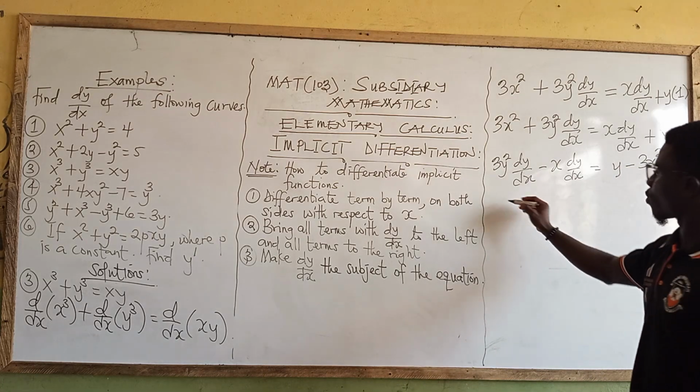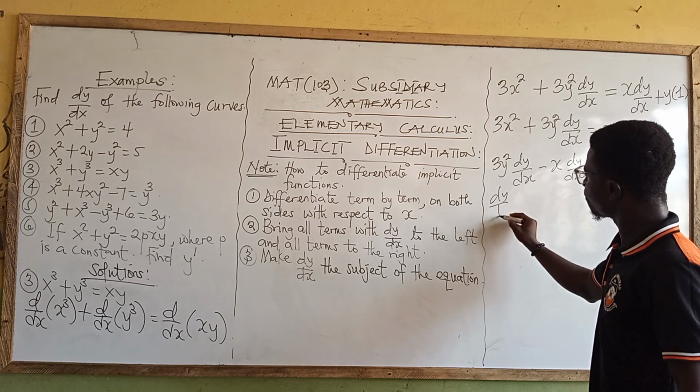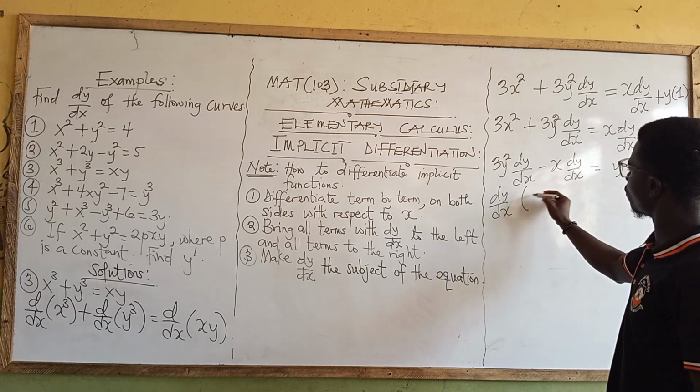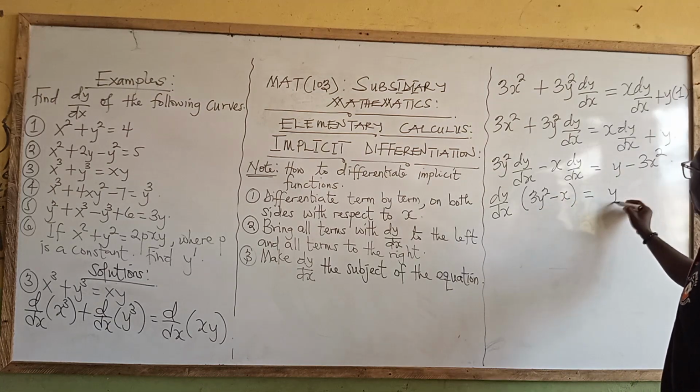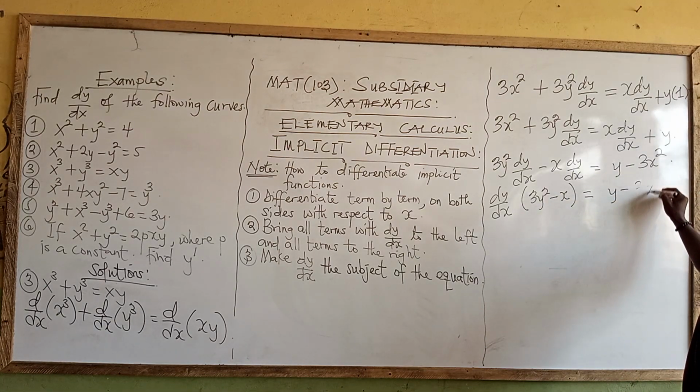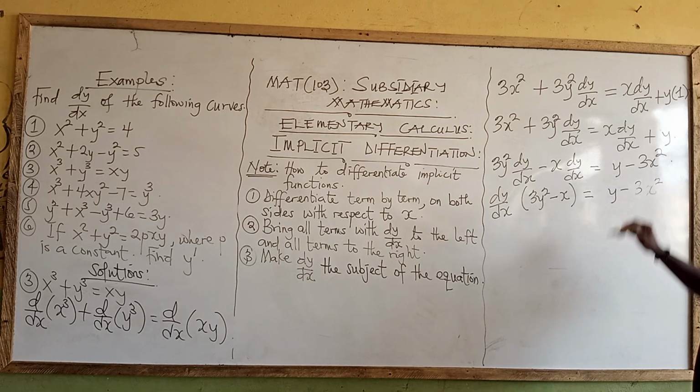What do we do? We factorize. So dy over dx times 3y squared minus x must be equal to y minus 3x squared.